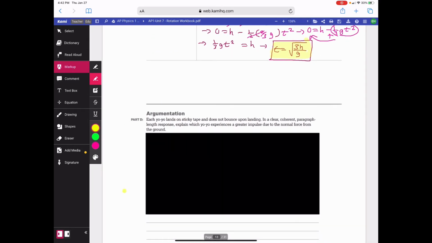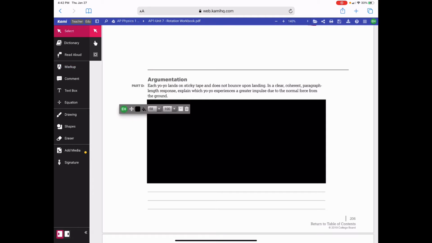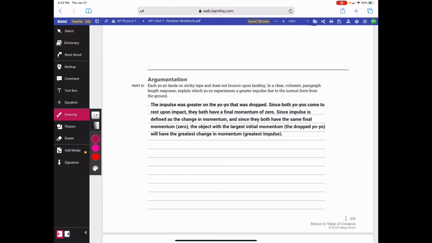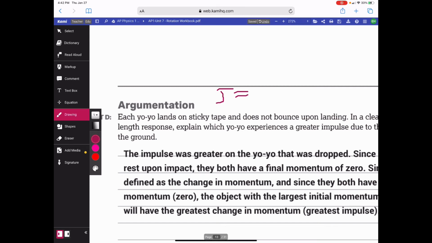Part D, each yo-yo lands on sticky tape and does not bounce upon landing. In a clear, coherent paragraph-length response, explain why yo-yo experiences a greater impulse due to the normal force from the ground. Well, impulse, if you recall, is equal to force times time, but it's also equal to a change in momentum.